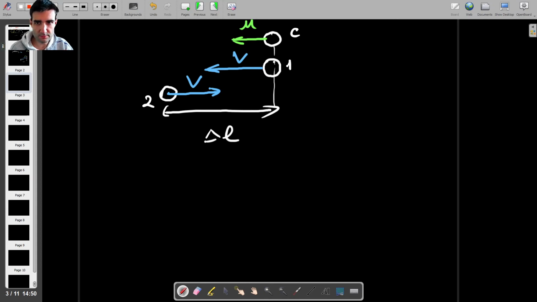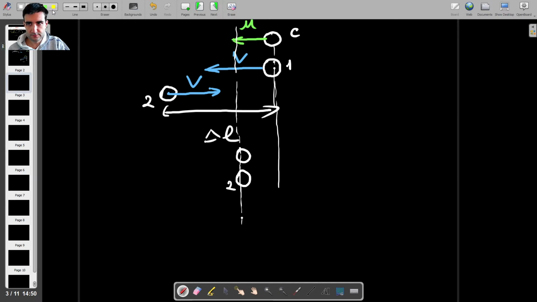So now 1 is running backwards with a speed of v, and now 2 and the coach are going to meet as well. So they're going to meet at some point, let's say maybe here. So this is going to be the second athlete, this is going to be 2. The coach is going to be somewhere here. So he's going to travel a certain amount of distance from here to here, basically.